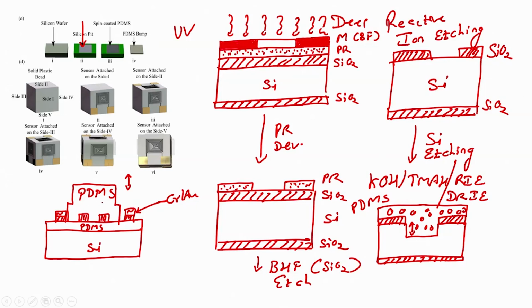Right, the PDMS bump I am sticking on it. Now, after that I will peel off this PDMS. So, what will I have? PDMS with strain gauge with chrome and gold contact pads and a bump.